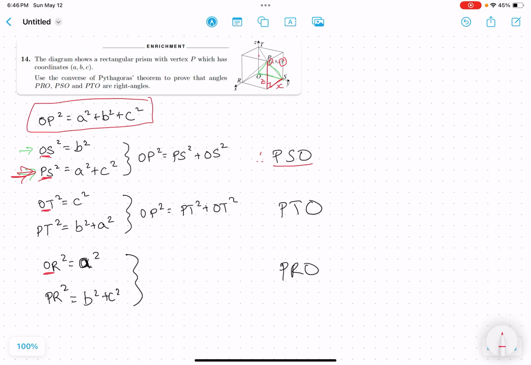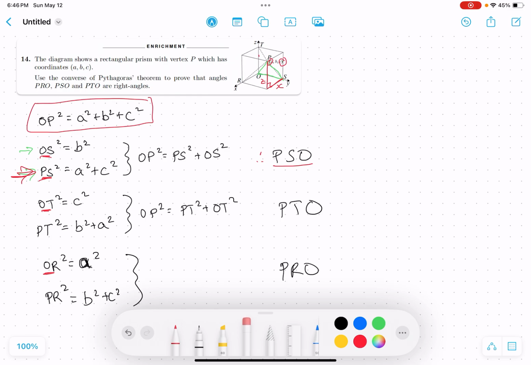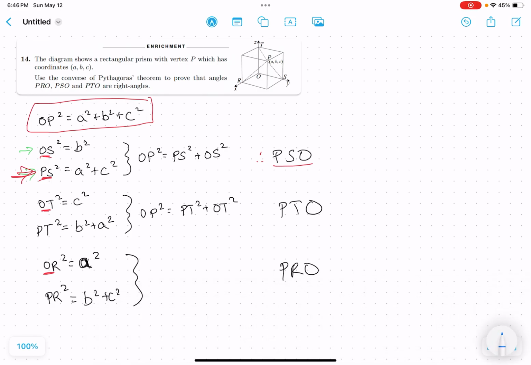Okay, so if I do the same with PTO, let's rub that out. If I grab the triangle P to T, just straight across there to O, so there's PTO. We've already got OT, which was just on the z-axis, so c squared. And then PT, if I go from P across to T, all I'm doing is grabbing the y, going along the y-axis, can you see that?